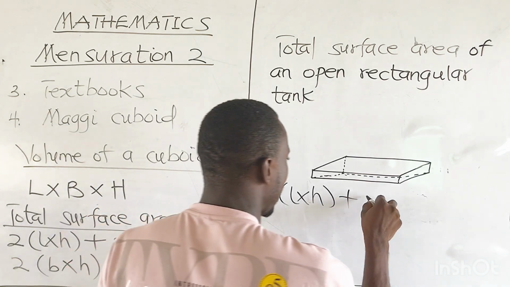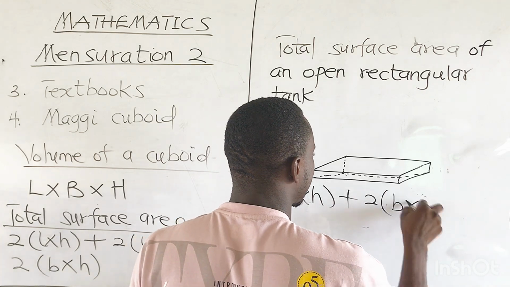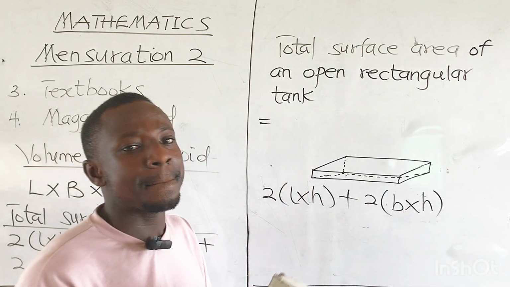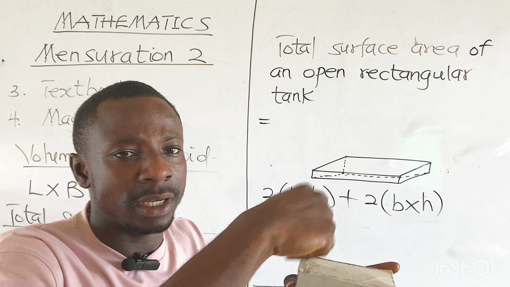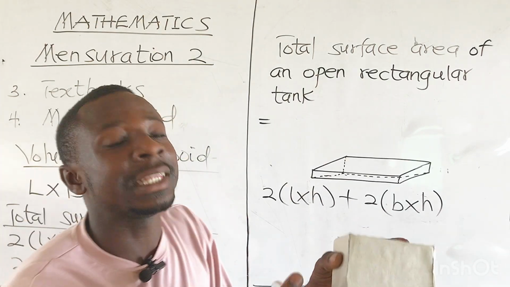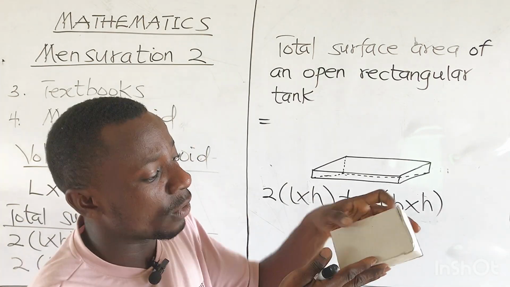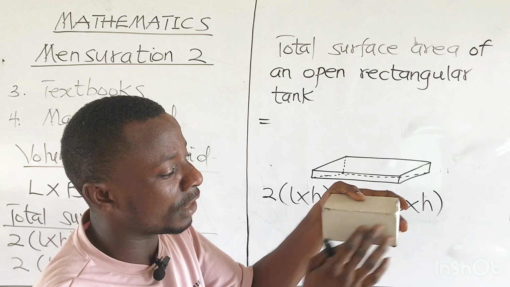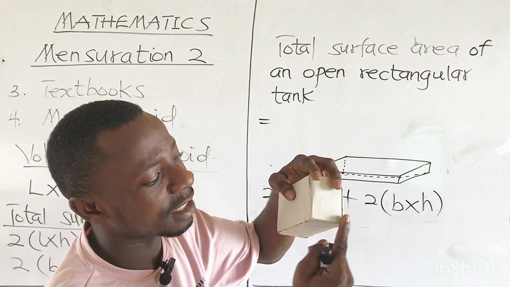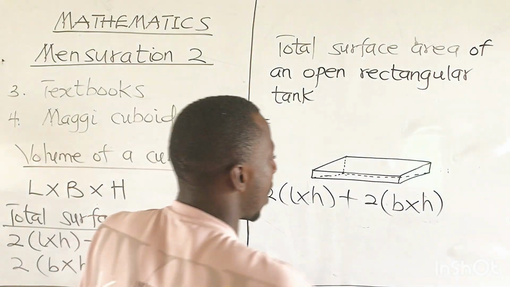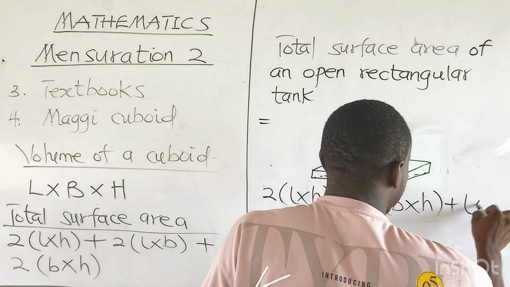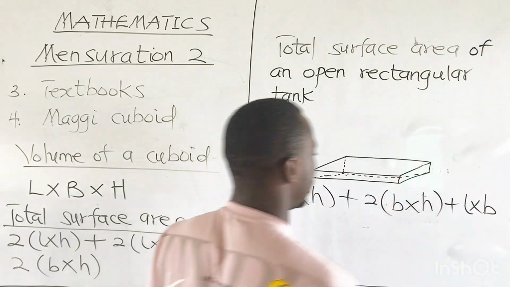So there are 2, so we have 2 multiplying breadth times the height. But the top is off, while the base is available. With the base, the area is the length times the breadth. So I have plus length times the breadth.